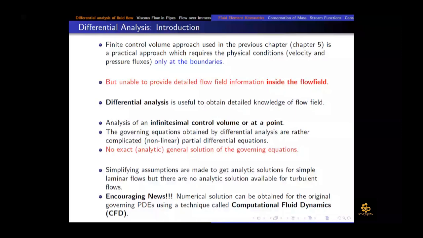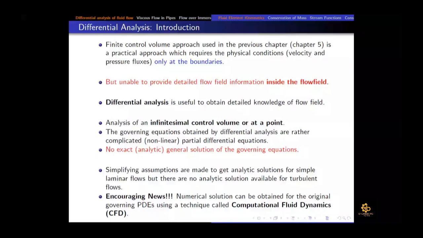Maybe if you pursue your master's, or maybe it can also be offered to you in your final year as an elective course, computational fluid dynamics, in which you would study the numerical solution techniques for actual fluid flow analysis. In this course, we are limited to some analytic solutions, which are simplified solutions. But for the general solution, we need computational fluid dynamics.